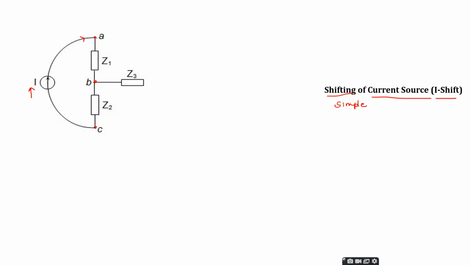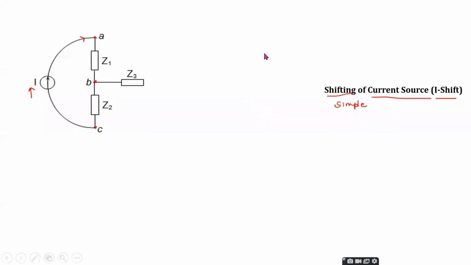None of the circuits are either in series or in parallel, and the current source is not in parallel with any of the resistors, and the voltage source is not in series with any resistors.